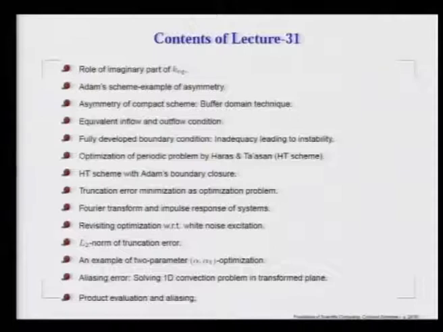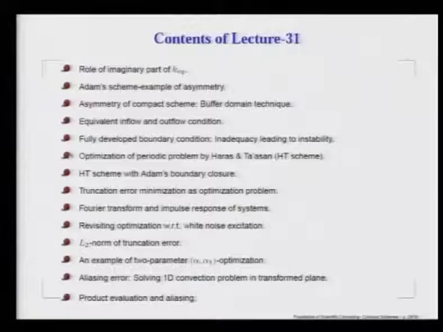We would also highlight that the very often used outflow boundary condition as a fully developed boundary condition is not always adequate, because it can lead to some kind of wave reflection. If we have developed a method which is stable for a wave propagating from left to right, then this reflected wave will be unstable with respect to that algorithm. So, this is a major issue that we will have to work on.